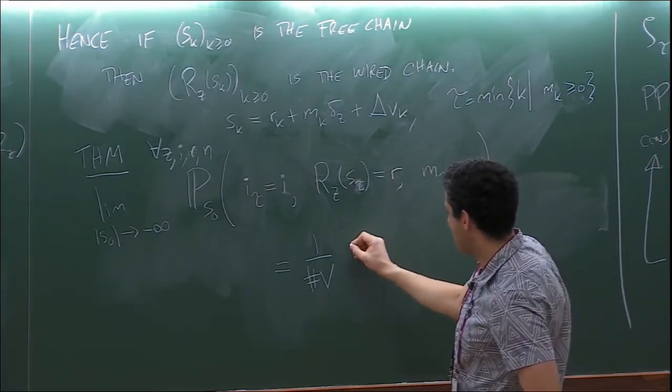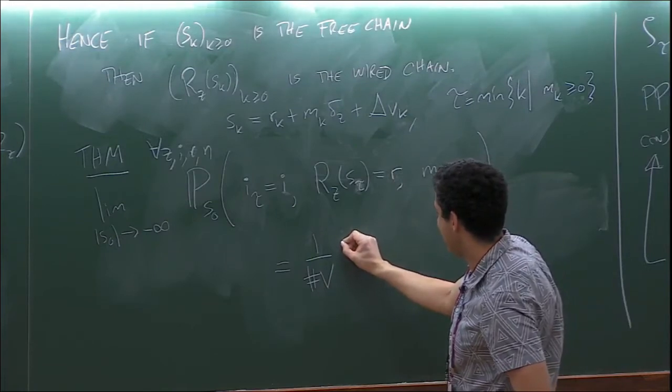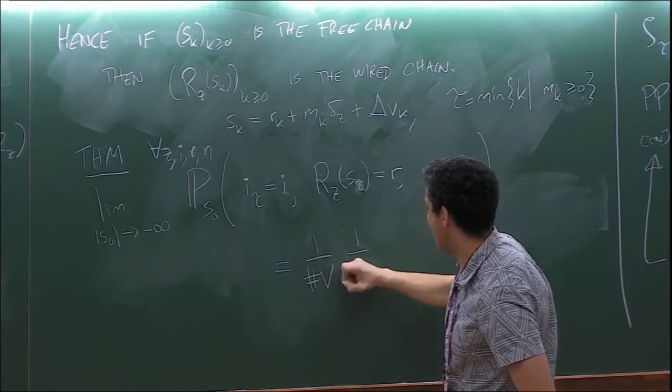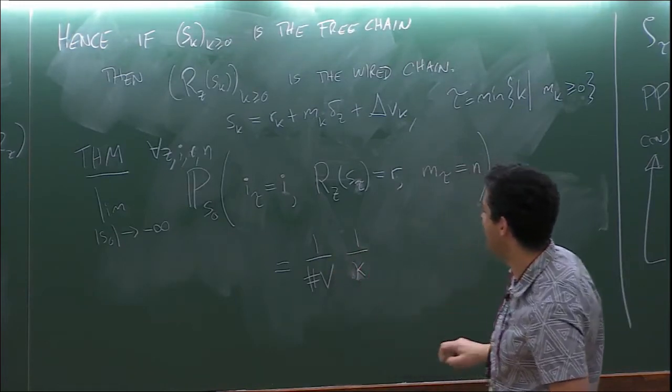So the uniform will be this 1 over kappa, the number of recurrent states.